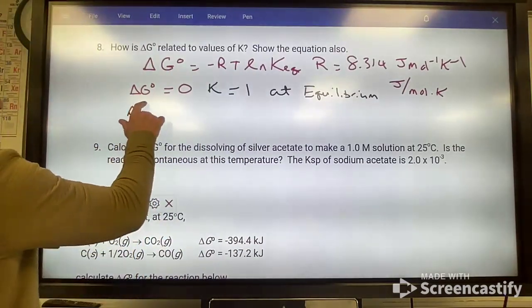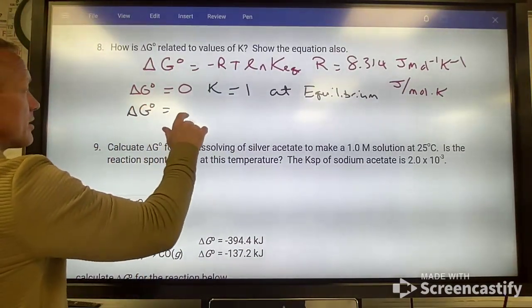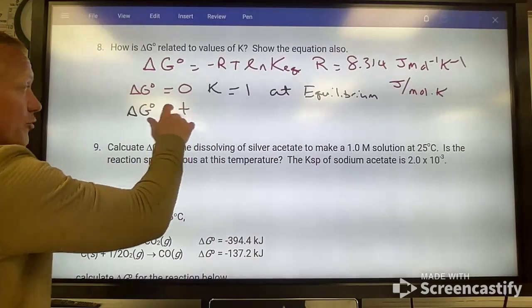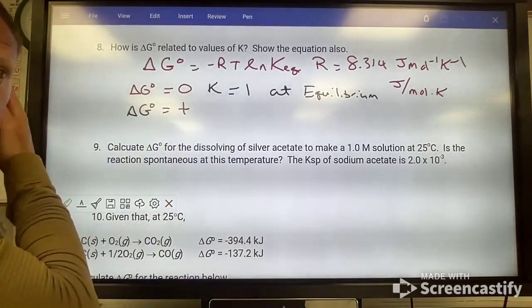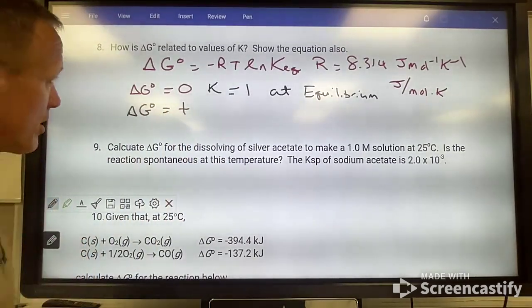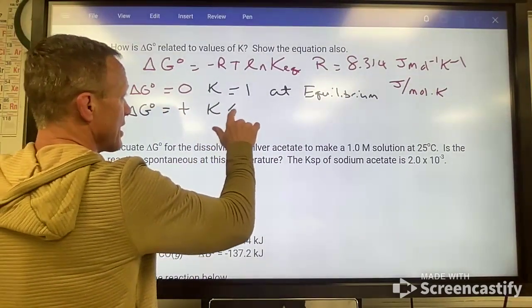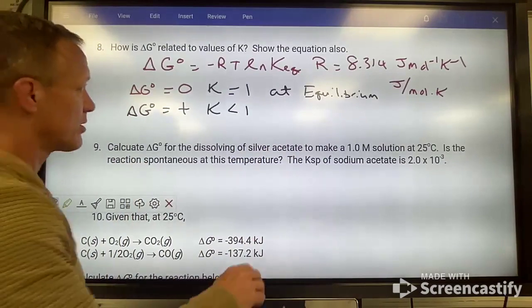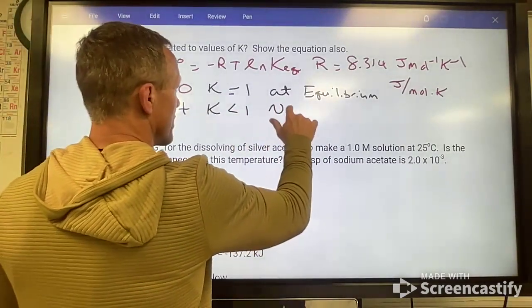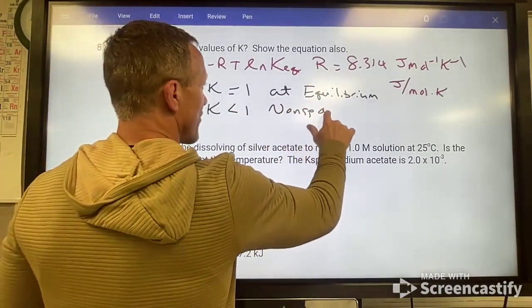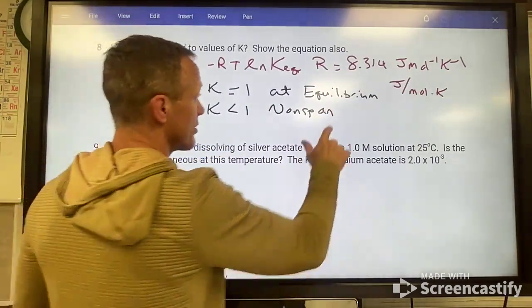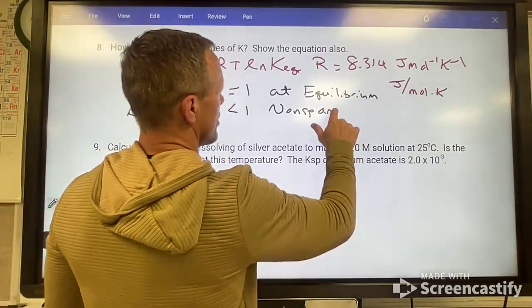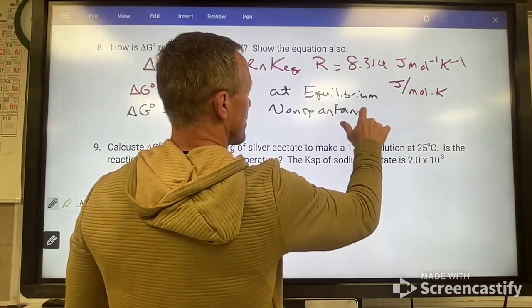If delta G is positive, so greater than 0, that means K is less than 1, and we are not at equilibrium, which means we are non-spontaneous or not thermodynamically favored. Non-spontaneous. I spelled that wrong.